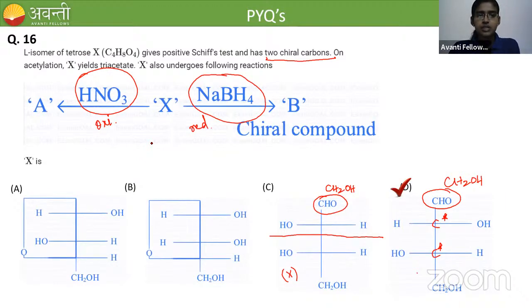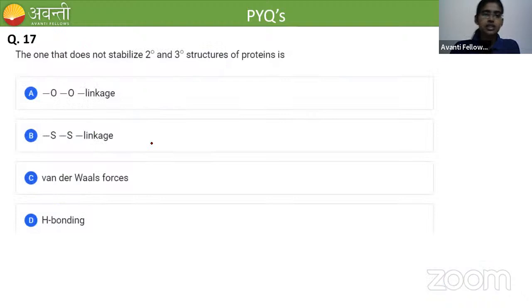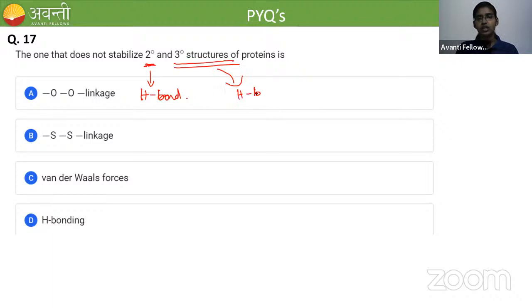Now moving on to question number 17. The one that does not stabilize the secondary and tertiary structure of proteins is. So what could be the answer? The system which stabilizes the secondary structure is your hydrogen bond. And the forces which stabilize your tertiary structure are hydrogen bonding interaction, the sulfide linkage, van der Waals interaction and the electrostatic force of interaction.